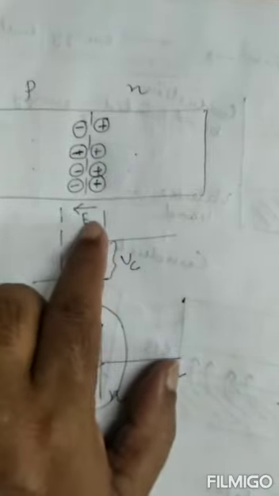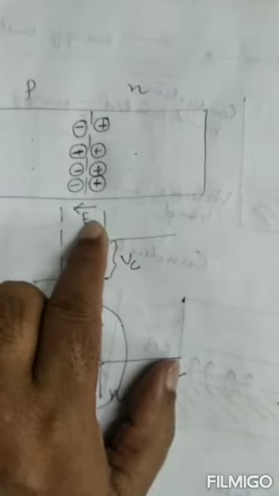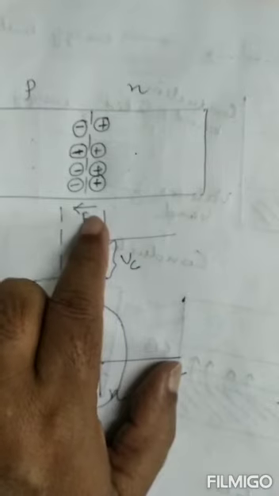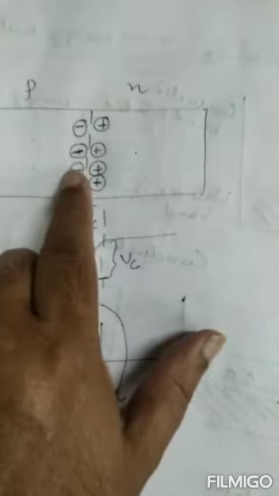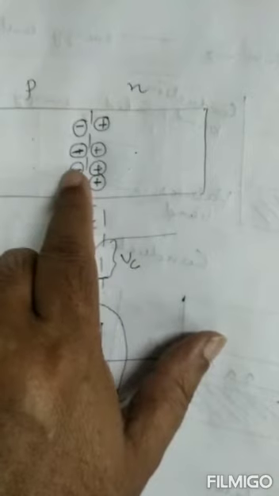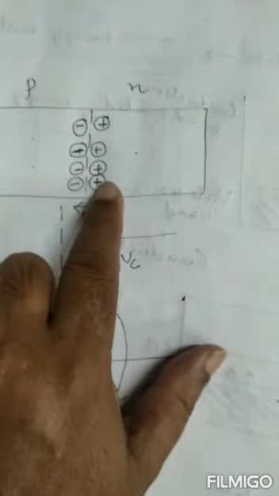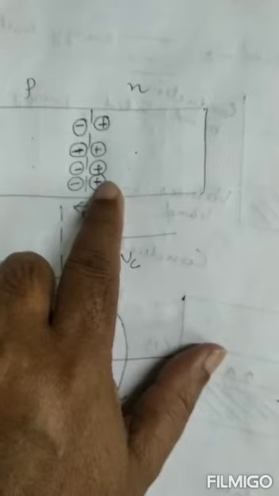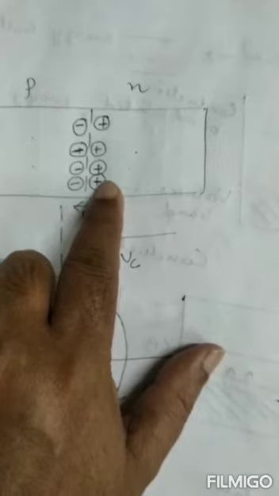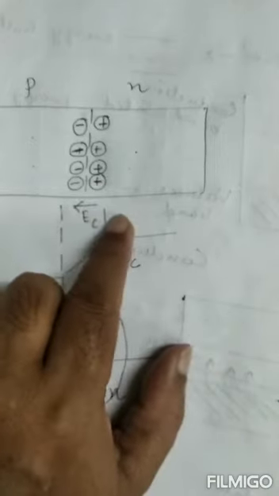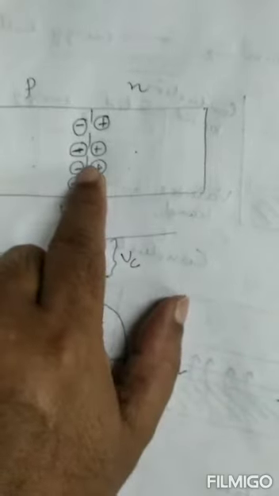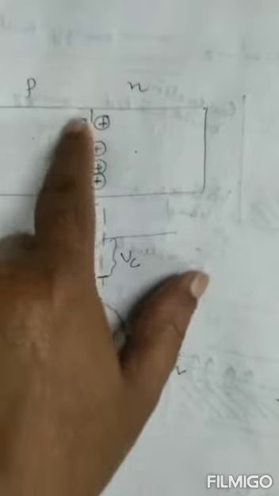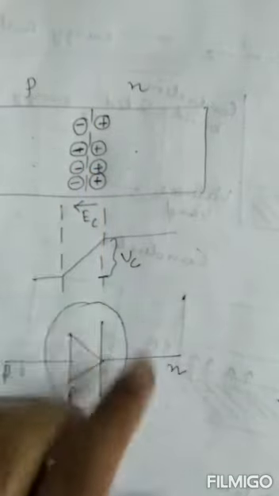But since this electric field pulls out the innermost electrons from the p side of the crystal, once a normal junction diode attains this voltage, the junction diode gets damaged, because this electric field damages the internal lattice structure of the p side of the crystal.